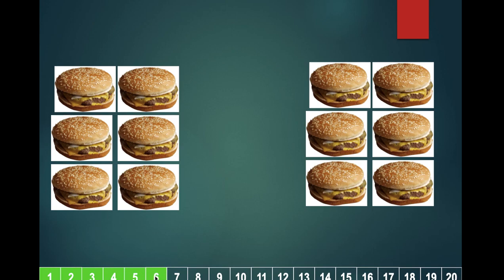We had already 6 and now we added 6 more to this batch. So how much there are? 6, 7, 8, 9, 10, 11, 12. So we had 6 plus 6. We end up at 12. We have 12 burgers now.